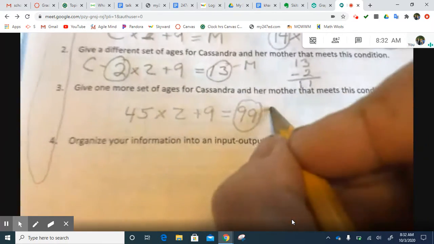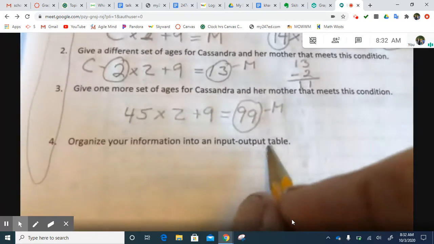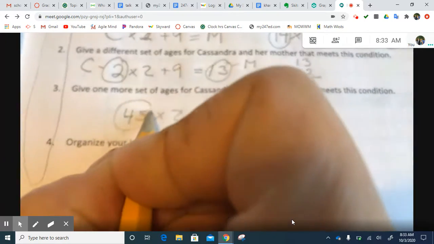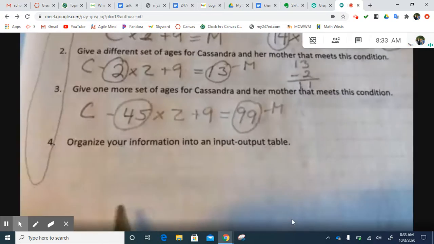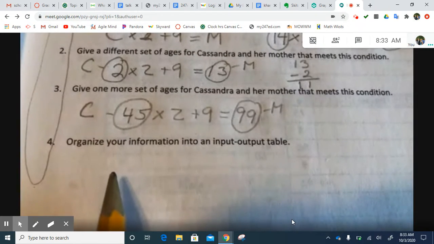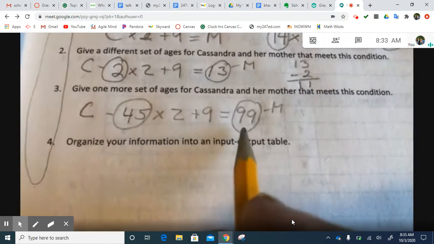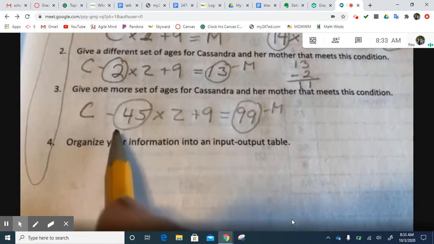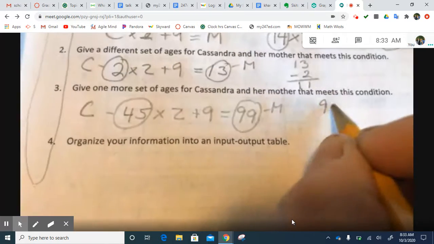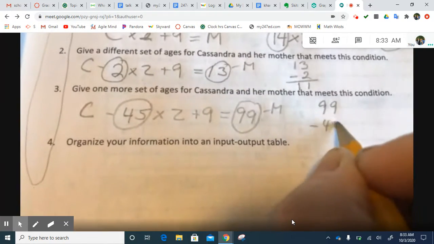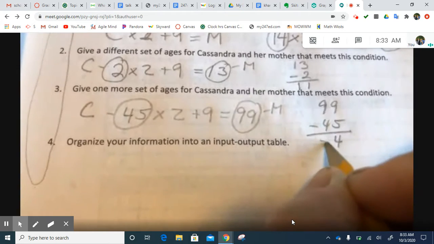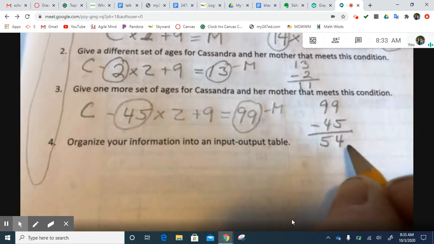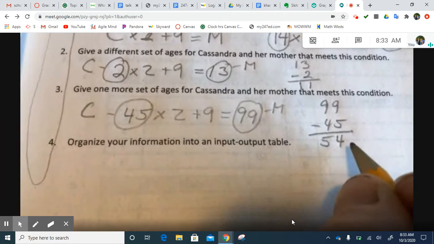So that means the mom is 99 years old, which is possible. And Cassandra is 45 years old. And if we want to see how old mom was when she had Cassandra, 99 minus 45. She was 54 years old when she had Cassandra, which is a little old to be having kids, but still possible.